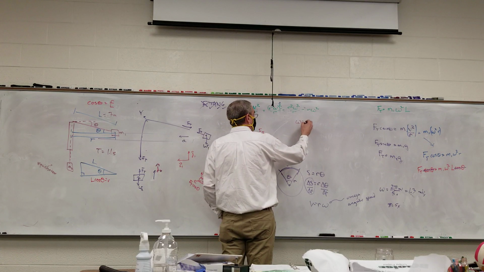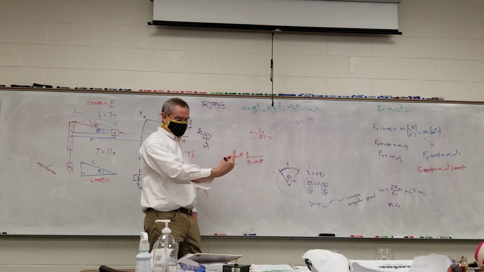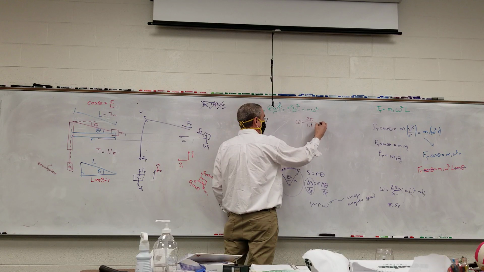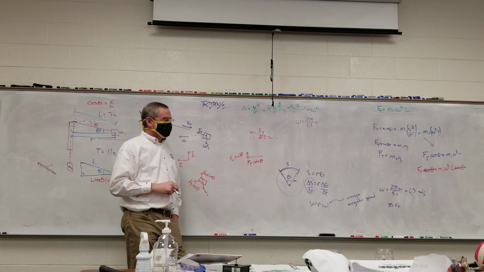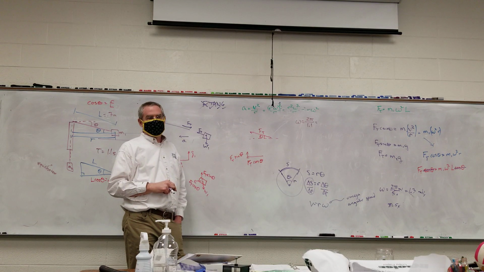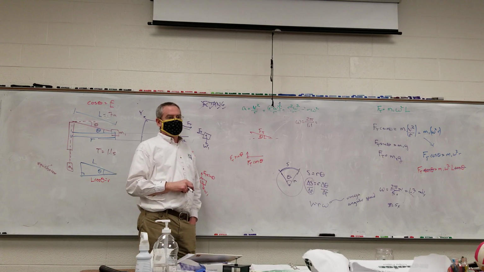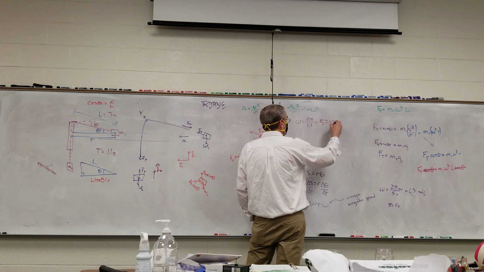So omega is, if it takes 1.1 seconds to go around, going around once is 2 pi radians, so that's over 1.1. And what is the angular speed then? 5.7119.